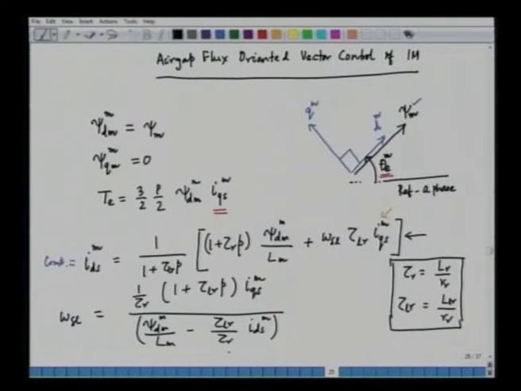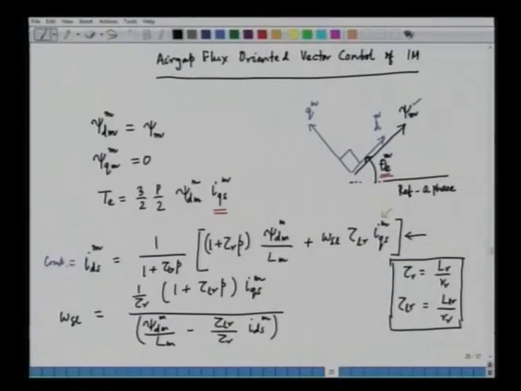Usually when we want to transform the DQ variables into ABC variables, in this case the variables are in the air gap flux reference frame, we have to use the angle of transformation. We have to transform the variables in the DQ frame into the actual variables in the ABC frame, and in this case the transformation angle is theta em, that we have already discussed.